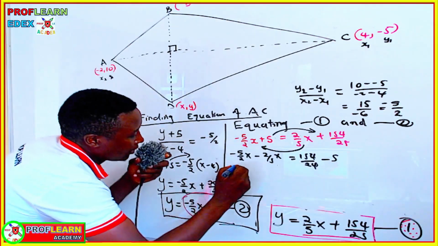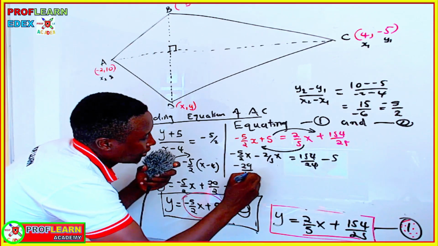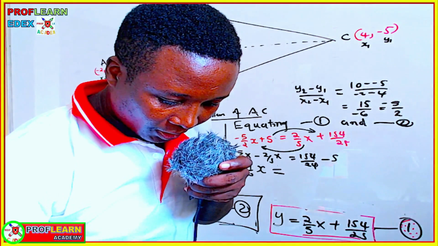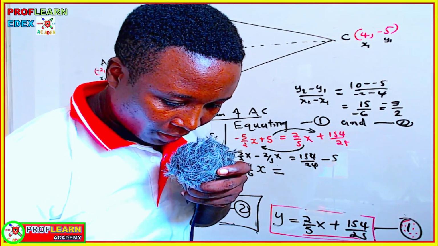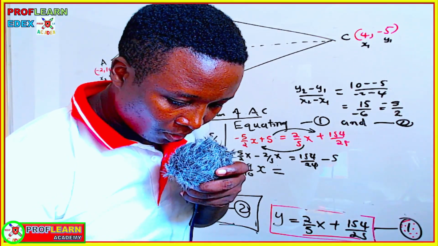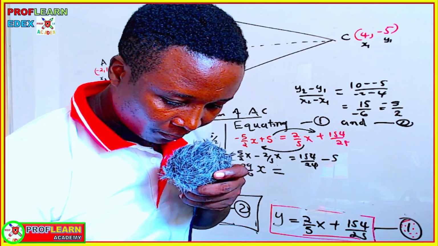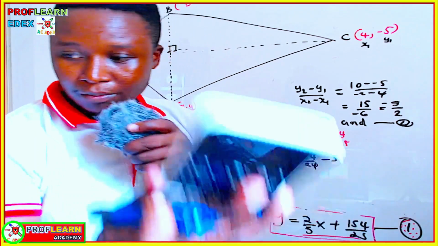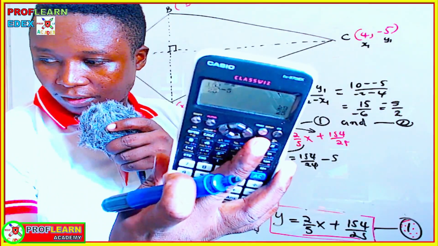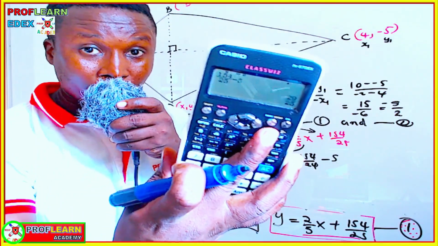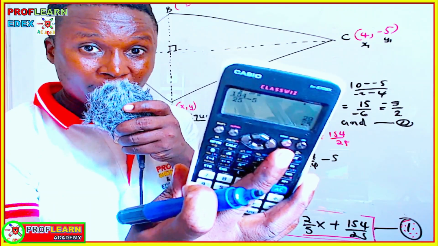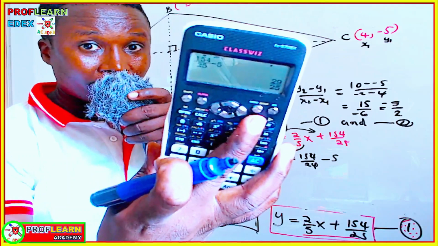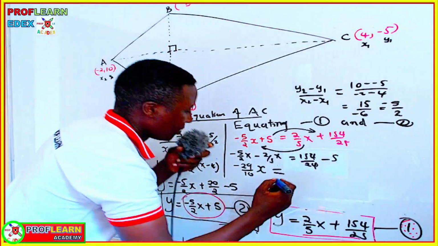So this part is negative 29 over 10x is equal to, then the next part is 154 over 25. Then I'll subtract 5. This gives me 29 over 25. Actually, this is beautiful, because I can see 29 appearing on both sides as part of the fraction there. So it's going to be something nice.